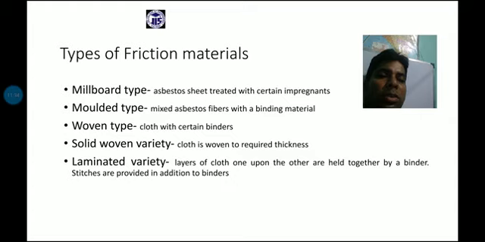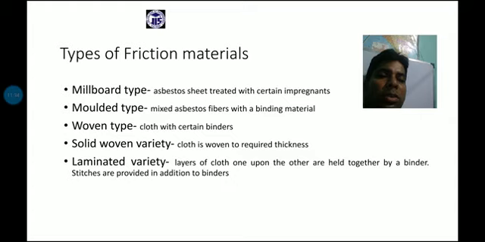So the pair of contacting surfaces transmit a maximum torque of 150 Newton meter. The maximum permissible contact pressure, that means intensity of pressure, on the mating surface is given by 600 kPa. That means intensity of pressure small p is equal to 600 kPa, and coefficient of friction is limited to 0.3.